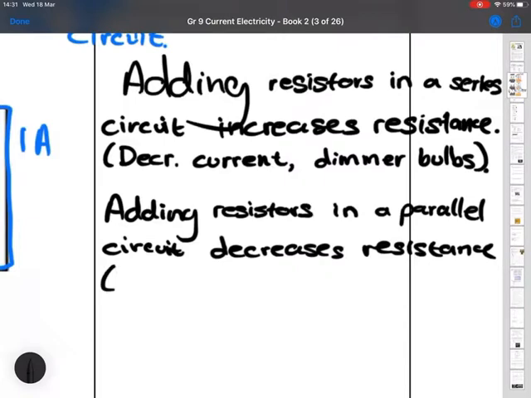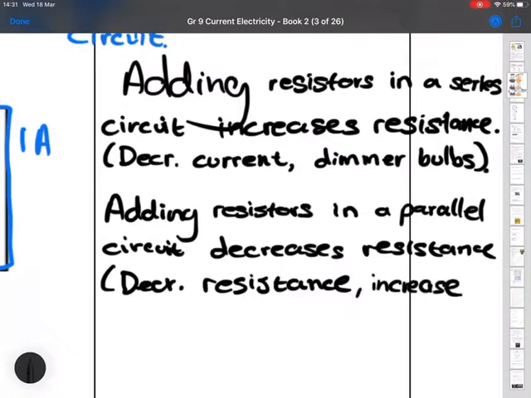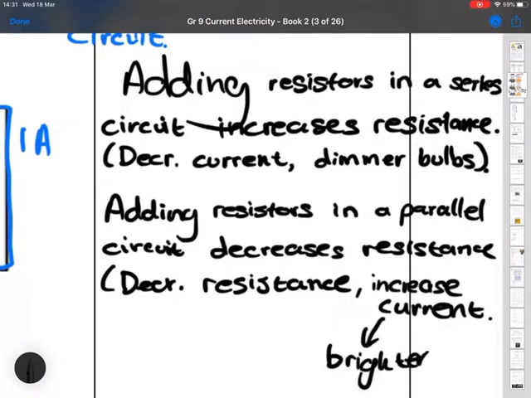And remember, if you decrease resistance, you're going to increase current. Increase in current will lead to brighter bulbs.